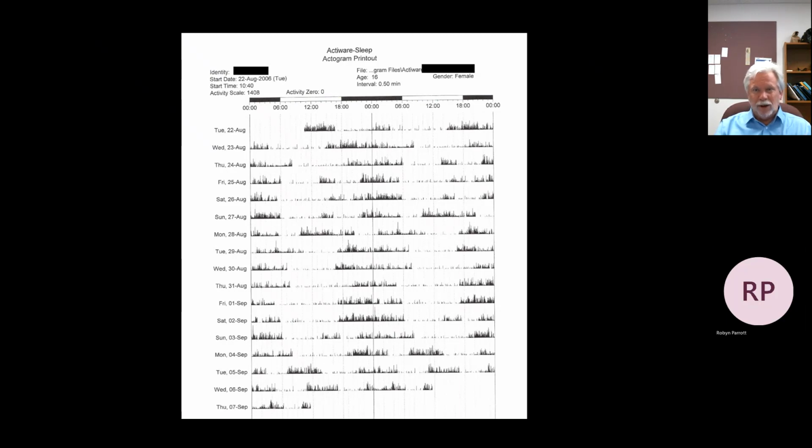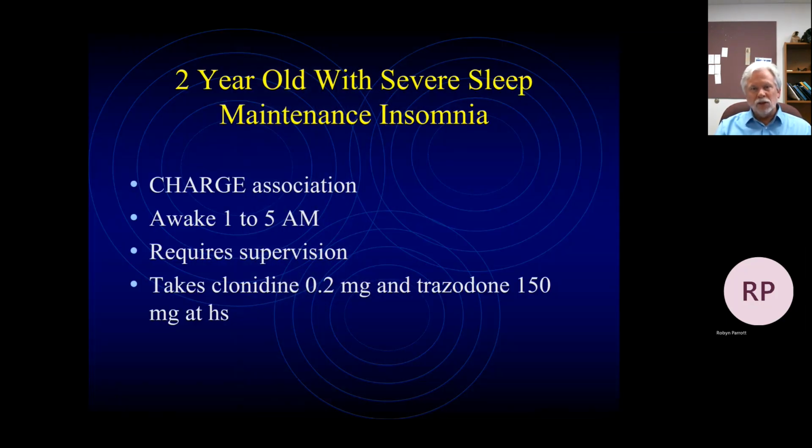So this is an extraordinary case, but it illustrates that sometimes irregularity in sleep may have a strong medical basis for it. This is a 2-year-old with severe sleep maintenance insomnia, awakens between 1 and 5 a.m. and is monstrous in behavior.